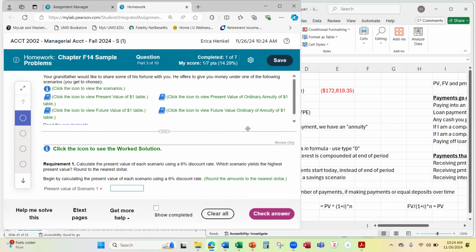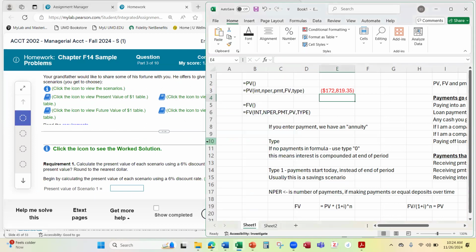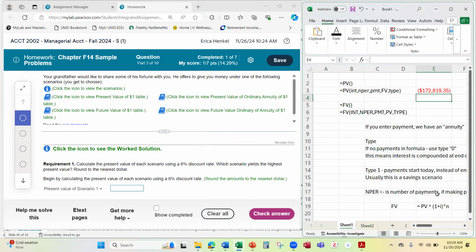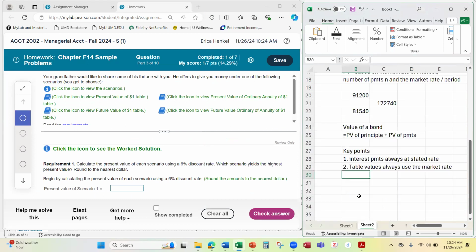All right, I'm going to make this narrower again so we can read. So we've got a grandfather who wants to share some of his fortune with us, yay us. And he offers to give you money under one of the following scenarios.